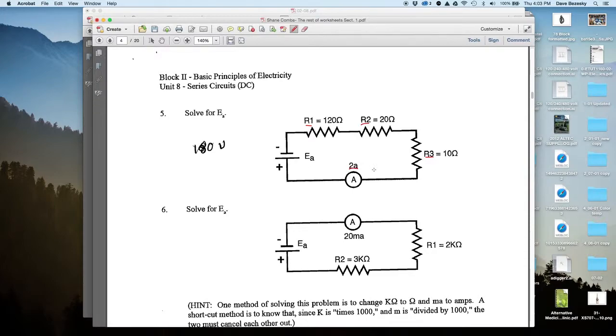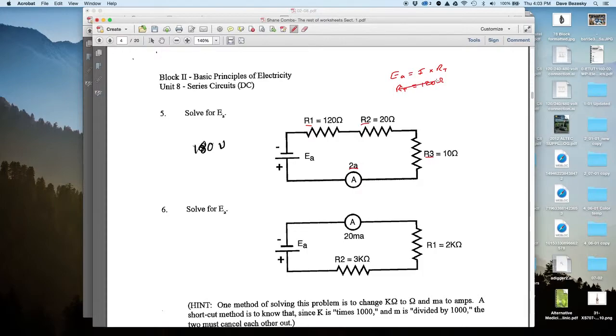We know what the current is. So we know we can use Ohm's law to figure out what EA is. EA is equal to I times RT, or total opposition to current flow. What's the total opposition to current flow here? Well, we can just add up the resistors in series to get the total.